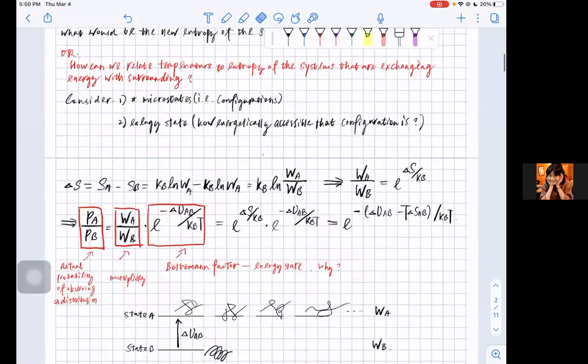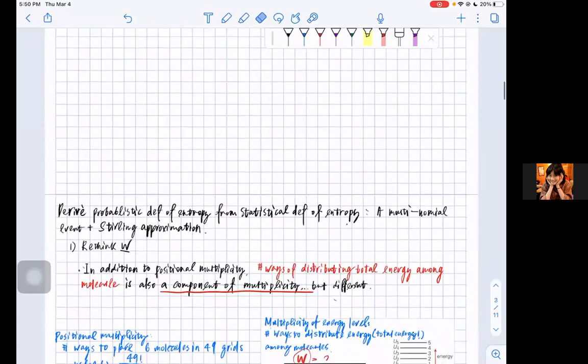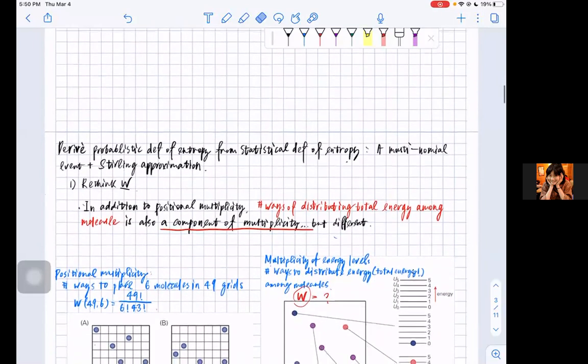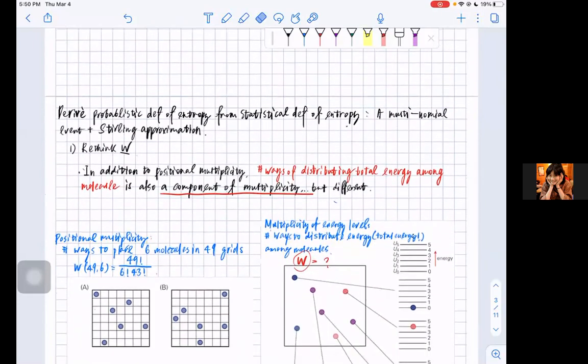As you should notice by this point, you've only considered the positional multiplicity, which is the way of rearranging molecules in a grid box.